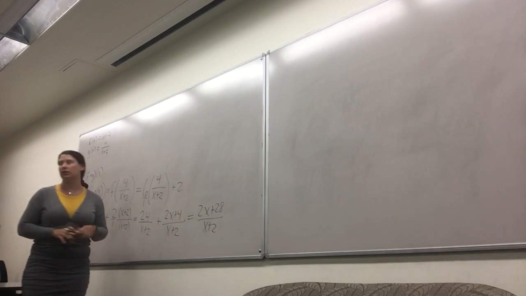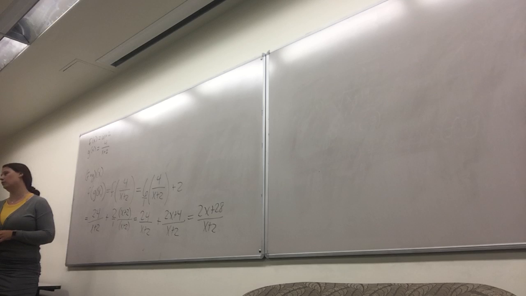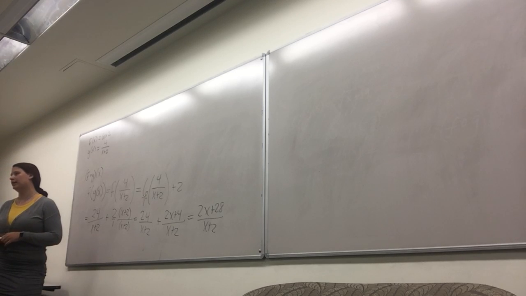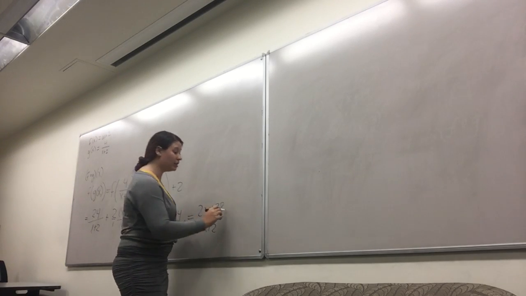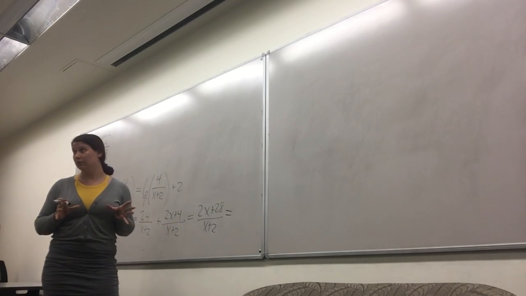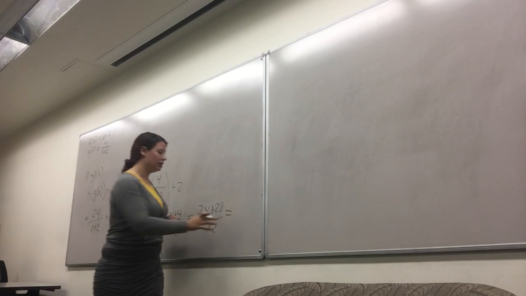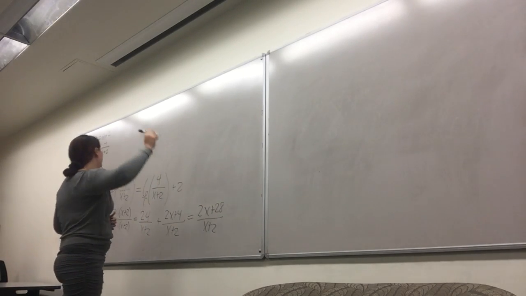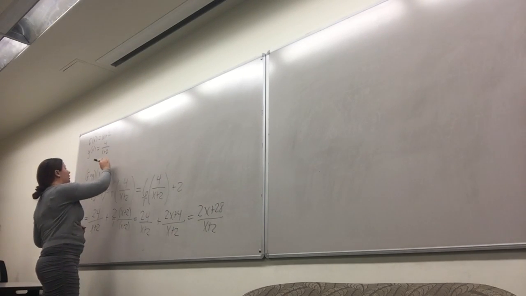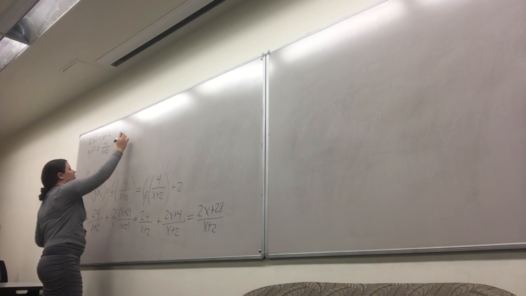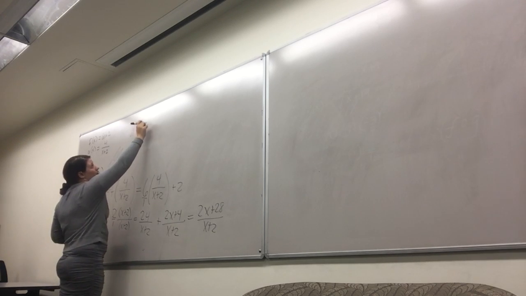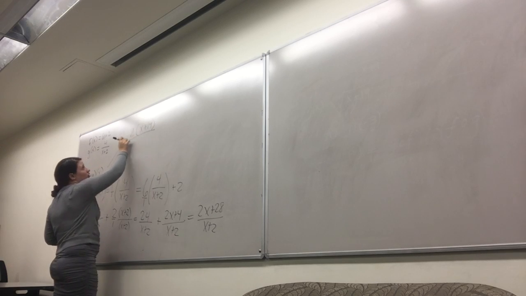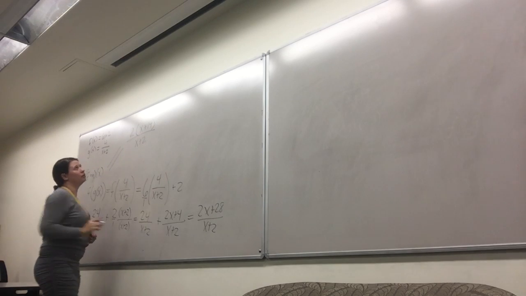Is that a final answer? Not for my math lab. What do we have to do to finalize it? Factor the top if you can. It's not always going to be possible, but in this case it is. So I'm going to write it up top here. Our final answer is equal to 2 factored out of x plus 14 over x plus 2.